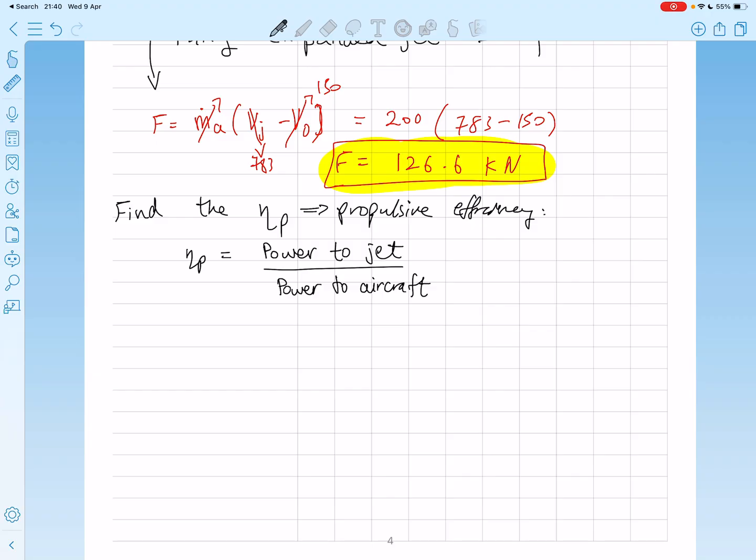Sorry, these are flipped. So it should be power to aircraft divided by the power to the jet.